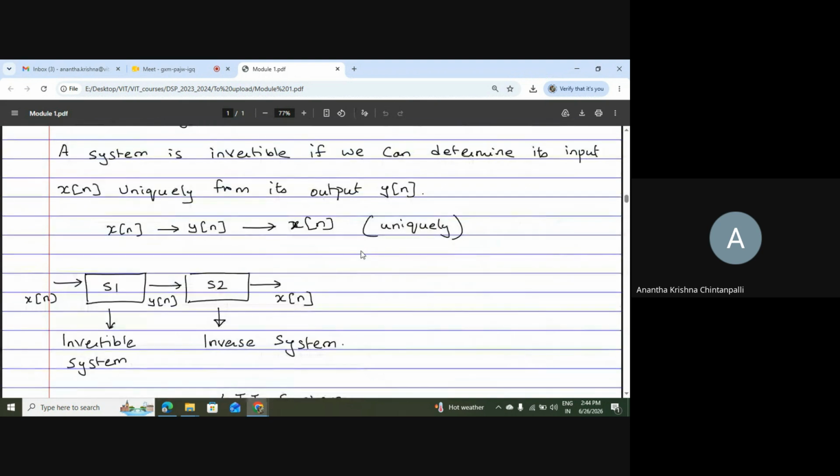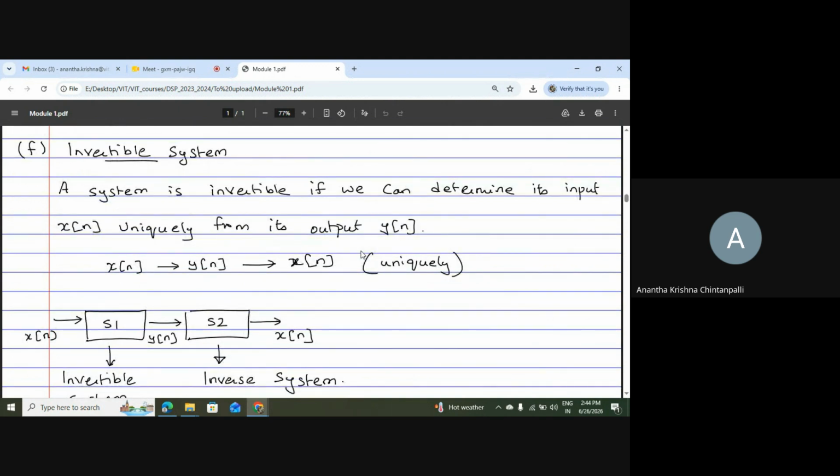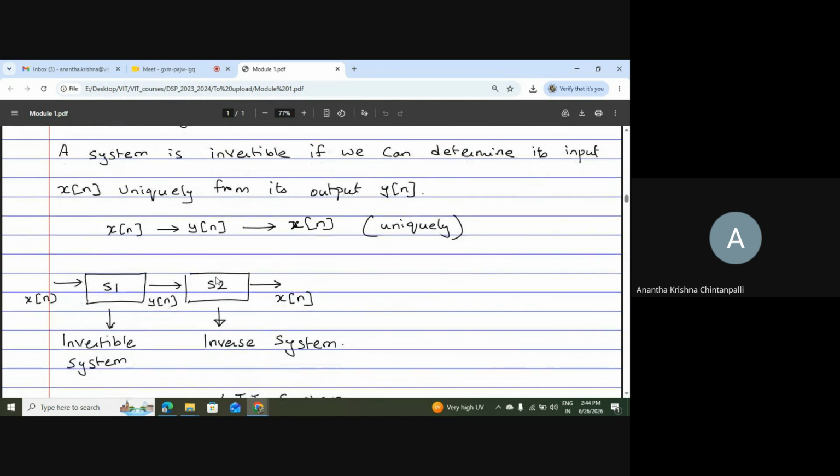Okay. Last but not the least, the invertible system. A system is invertible if we can determine its input x of n uniquely from its output. So x of n is there, you get an output y of n, and then from y of n you want to get your x of n back, uniquely.